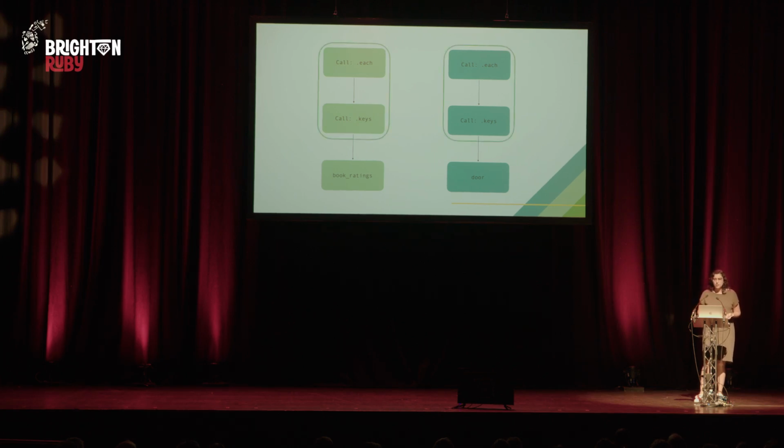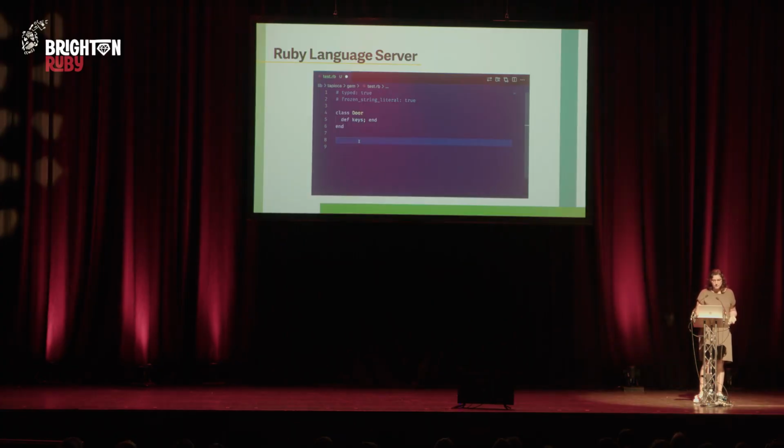Rubocop is going to look at those trees and see the chained calls to the keys and each methods, and it's going to use those to determine that there is a violation of its rule. However, Rubocop's underlying static analysis is not powerful enough to know what the types are of the objects that have these methods called on them. So it literally cannot do any better than what it's currently doing.